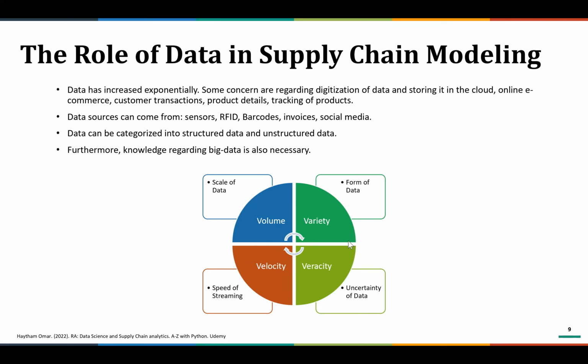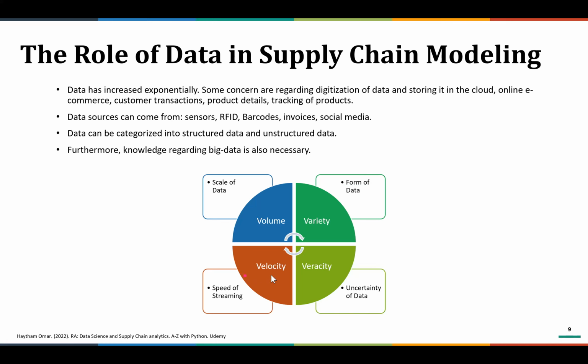Let's say it can be hundreds or thousands of videos, for example. Let's find an example later on. But volume represents how large the data is, the scale of data. Variety represents that you may deal with data in various forms.